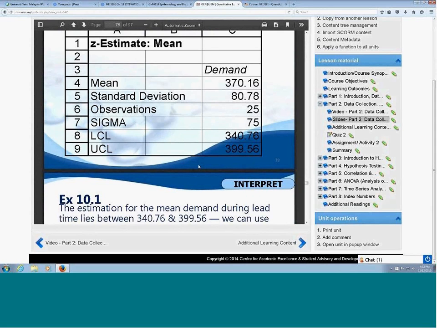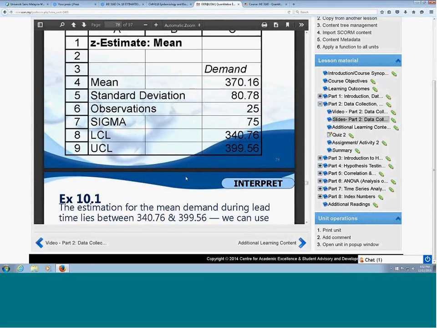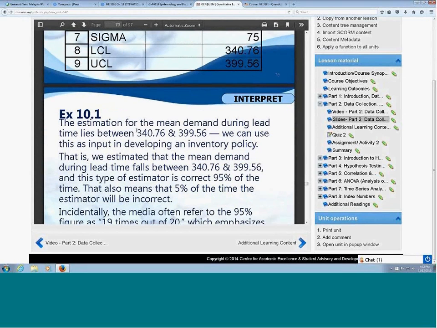Not more than 4 decimal places for the final answer and working, and not less than 2 decimal places for the answer and your working. So this is the answer just now. The estimation for the mean demand during lead time is between 340.76 and 399.56.